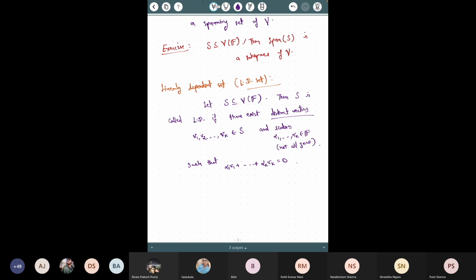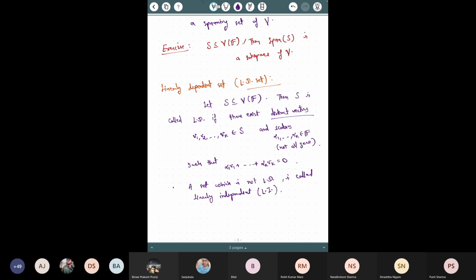Now a set which is not linearly dependent is called linearly independent. And for this I may use the abbreviation L.I.